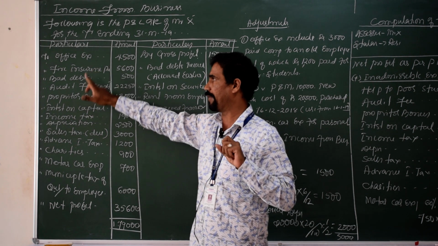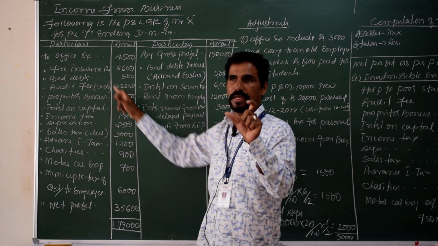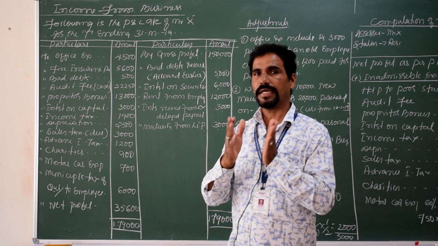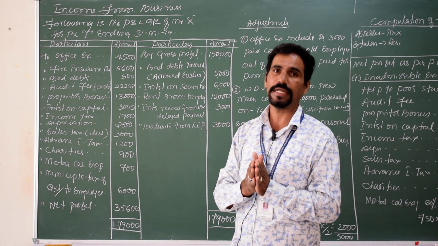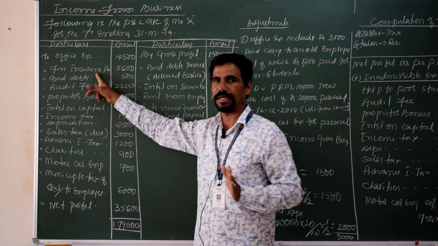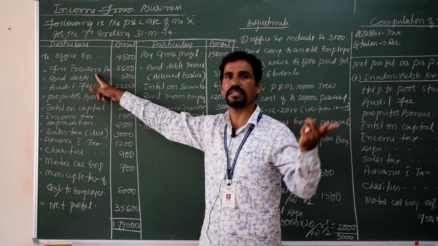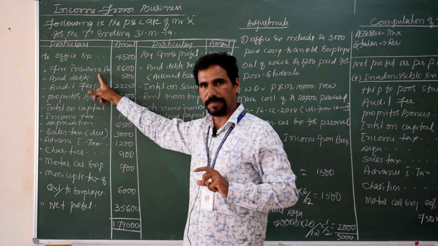Fire insurance premium affects both personal and official use. Fire insurance premium for business, warehouse or godown purposes is business expenditure. For the proprietor's own house or other cases, it is not a business expenditure. Bad debts are 100% business expenditure.